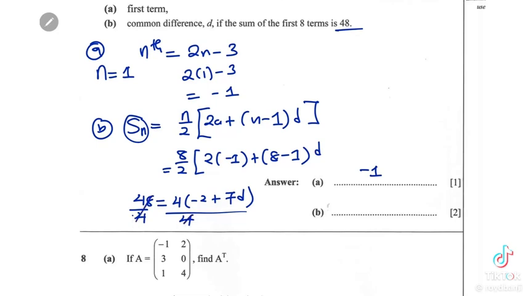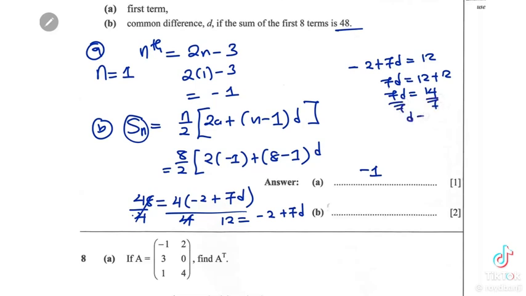So what is going to remain? 12 is equals to negative 2 plus 7d. So please, let me just shift to the other side. So we're going to have negative 2 plus 7d is equals to 12. 7d is equals to 12 plus 2. 7d is equals to 14. So therefore, we are going to find our d to be 2. So d is 2. So that is how you work this one out.